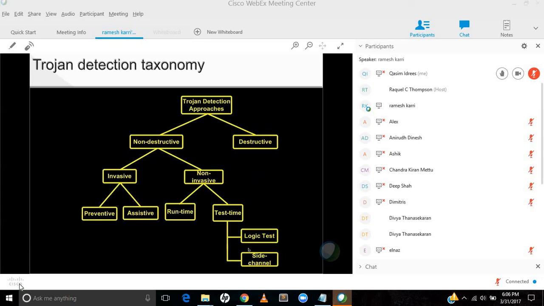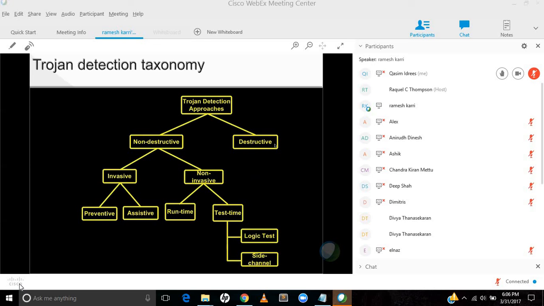The next question is, how do you detect them? You could first do destructive approaches: peel off the chip and see if there's anything wrong. This is like a cookie taster. You've got to taste every cookie before you know that cookie is not bad.